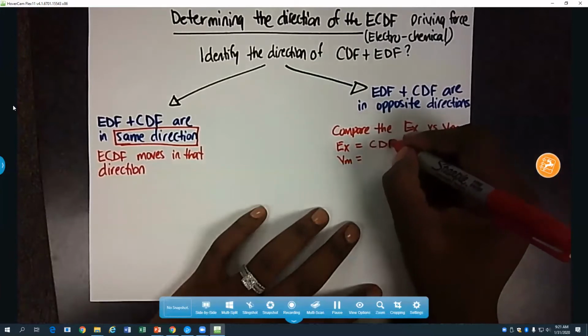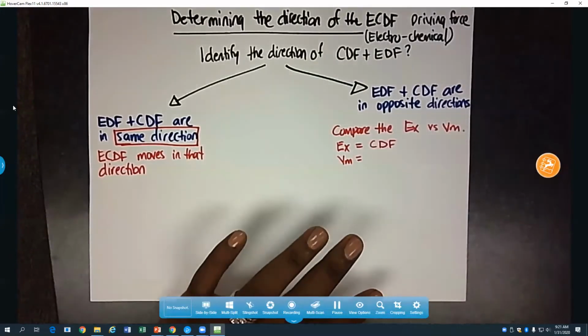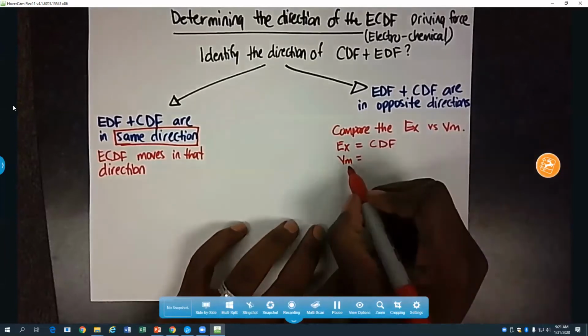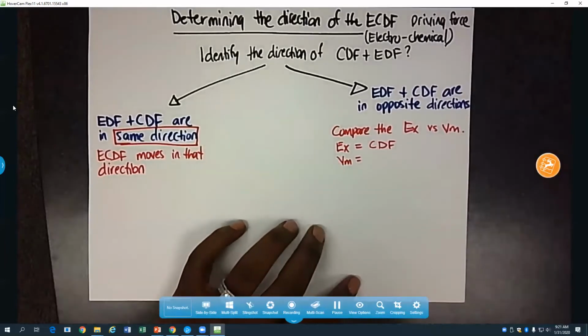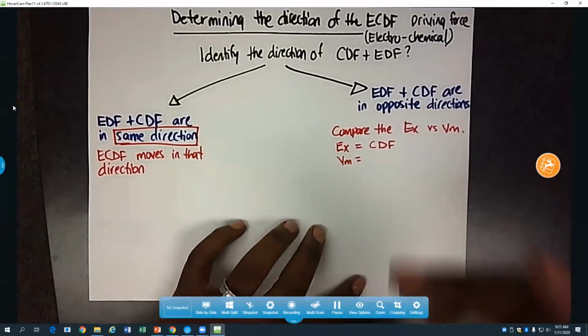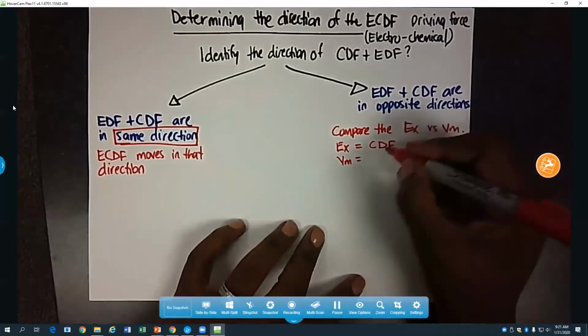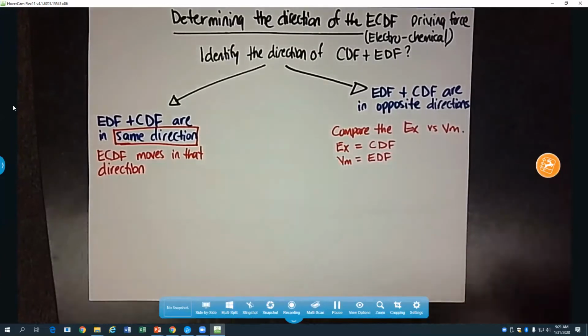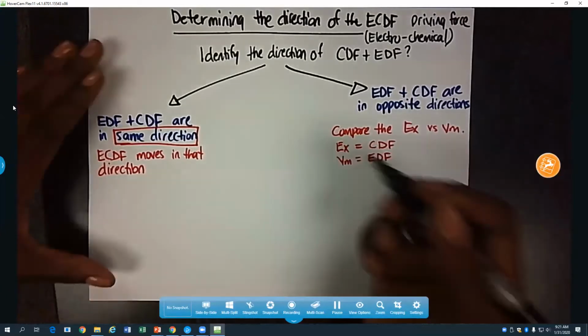So if that is greater, then the net movement is going to be in the direction of our chemical driving force. If the membrane potential is greater in terms of the value, then the net movement will favor the movement of the electrical driving force, okay? And so by that principle, we can have 3 scenarios here as well.